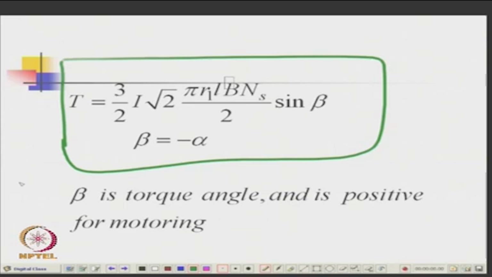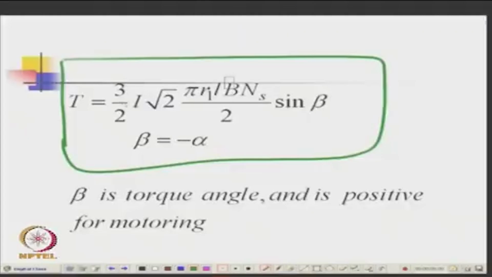I am skipping the derivations. The torque will be the product of B and the product of I, and the current is sinusoidally varying in time.